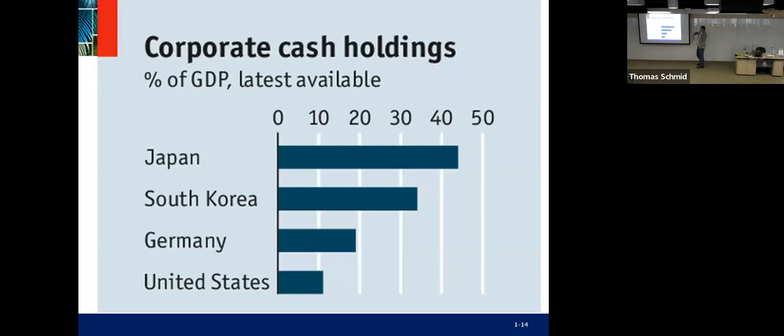So basically they sum up the cash holdings of all the corporations in a country, and they divide that by the country's GDP. So in Japan, this is a crazy 40%. So the cash holdings of Japanese corporations account for 40% of Japanese GDP. In Germany, it's like 20, and in the US, it's still 10.